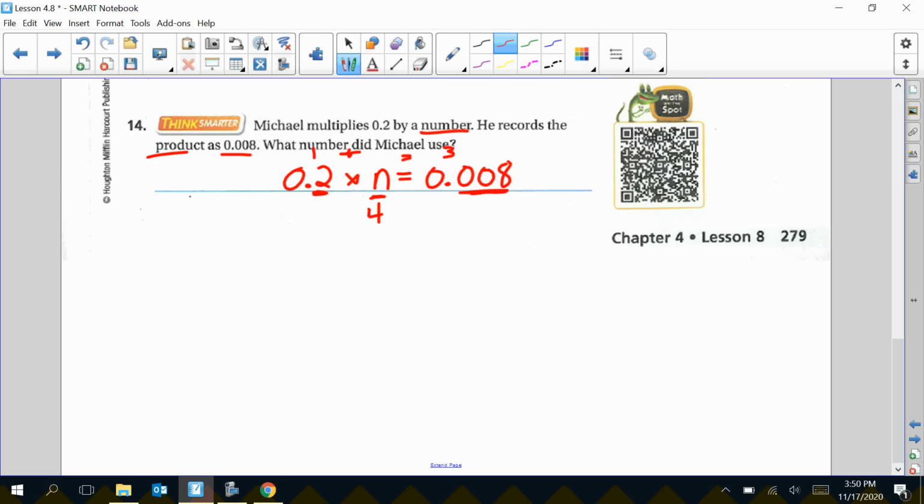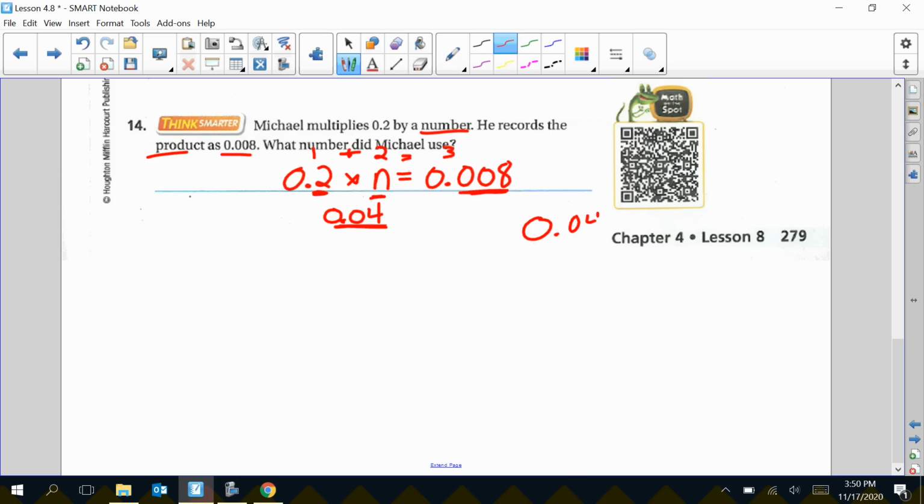So how many places do we need to have to the right of our decimal in this second factor? We would need 2 numbers to the right because 1 plus 2 equals 3. So instead of just 4, we need 2 numbers to the right. So our missing number is 4 hundredths.